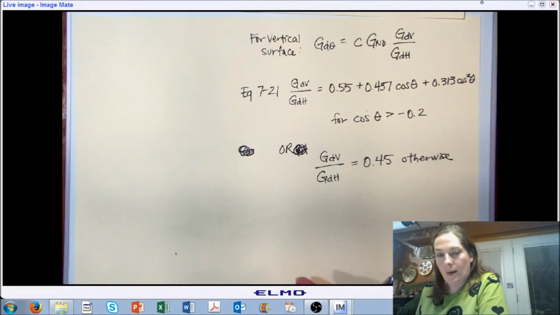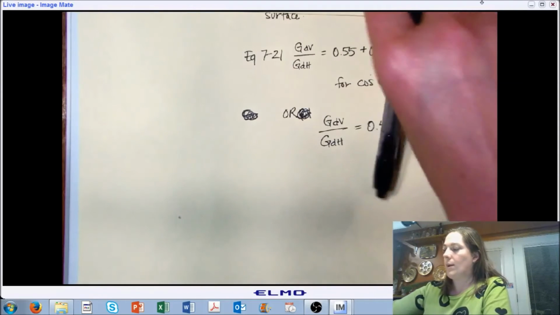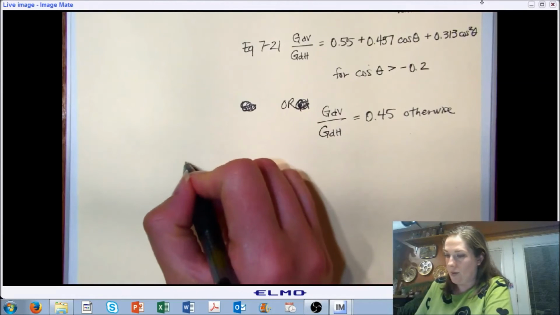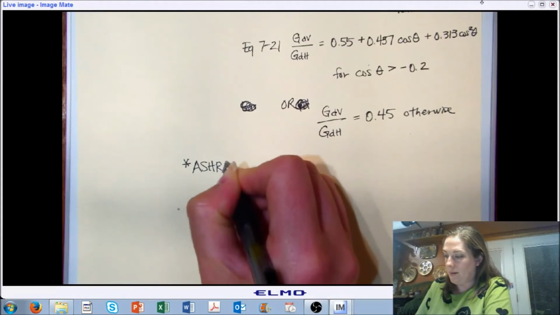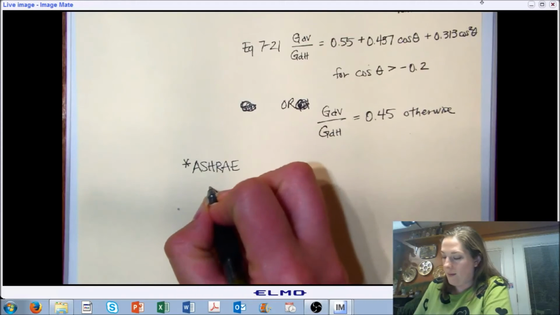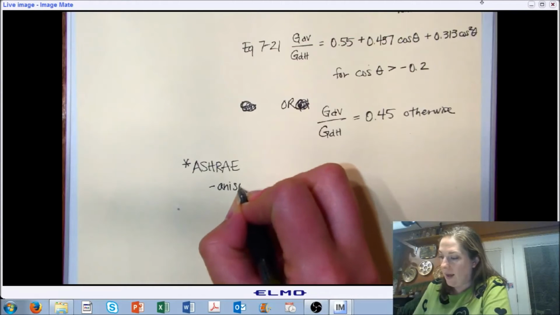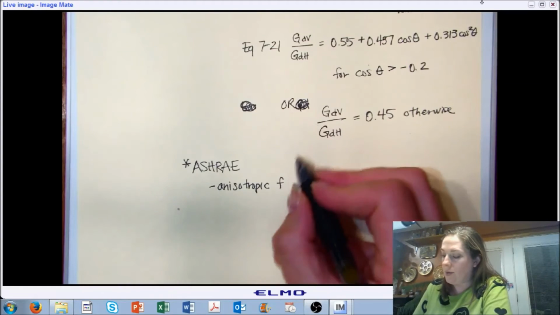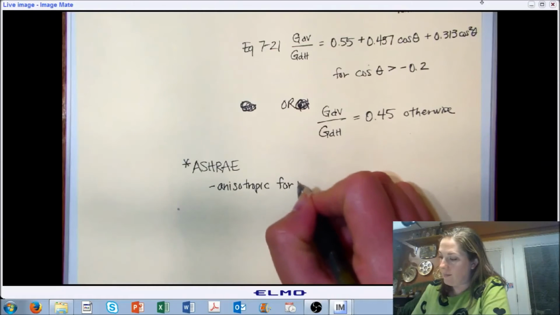Alright, so we're going to take just a quick pause to talk about a little bit of vocabulary that shows up in ASHRAE. And there's an assumption that is important to acknowledge here. So, anisotropic. The ASHRAE model assumes that we are anisotropic for vertical surfaces.